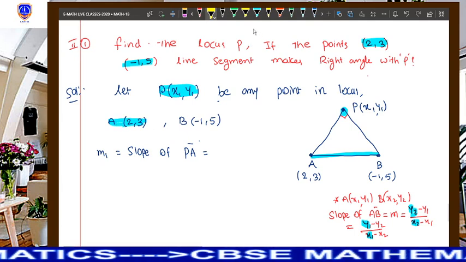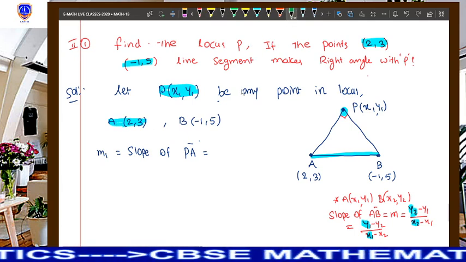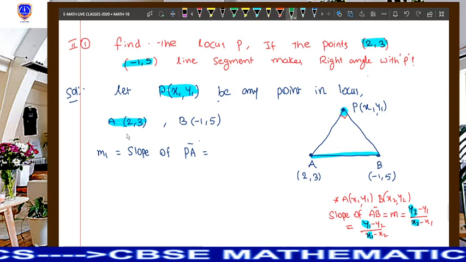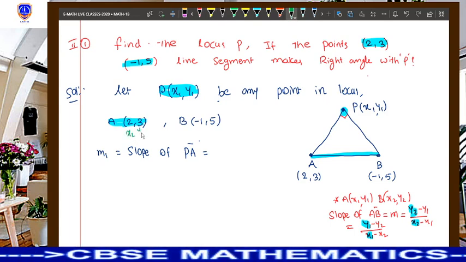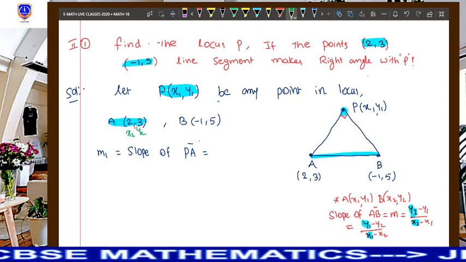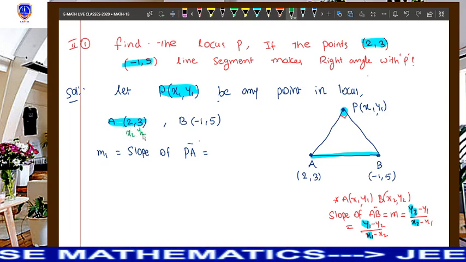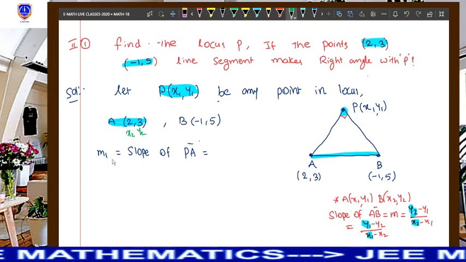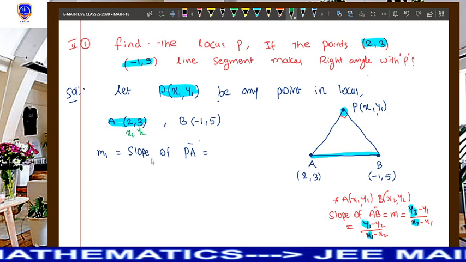So I am going to consider this point A as x2, y2, because P is x1, y1. M1 states the slope of PA.